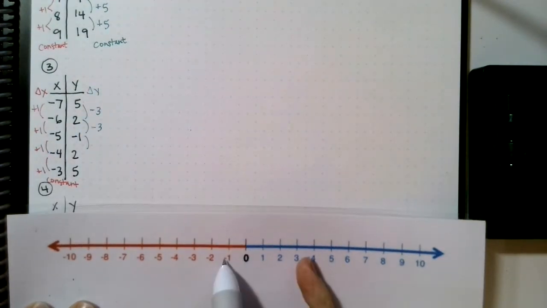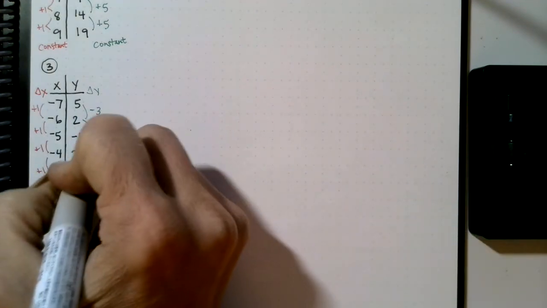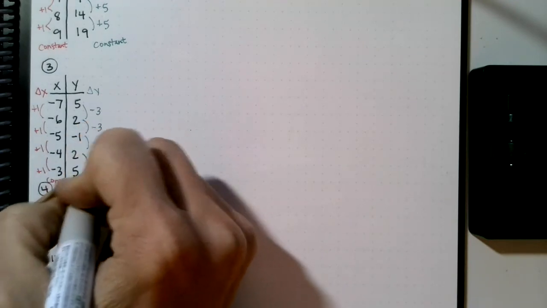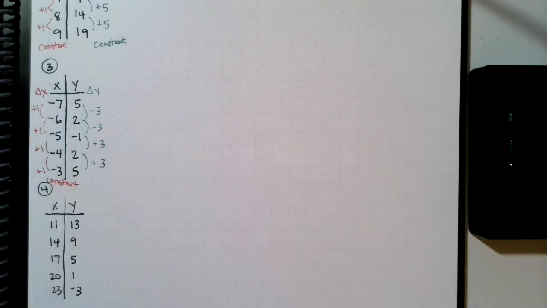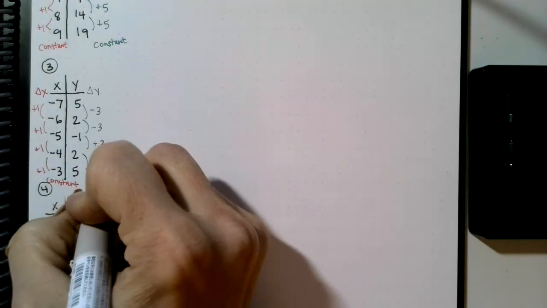And then from -1 back to 2 is increasing by 3. And from 2 to 5 is also increasing by 3. So we have all 3's, but some are increasing and some are decreasing. So this is not constant.